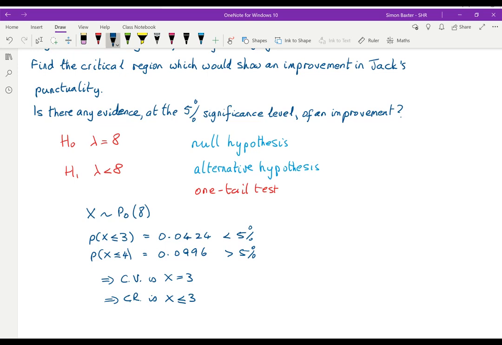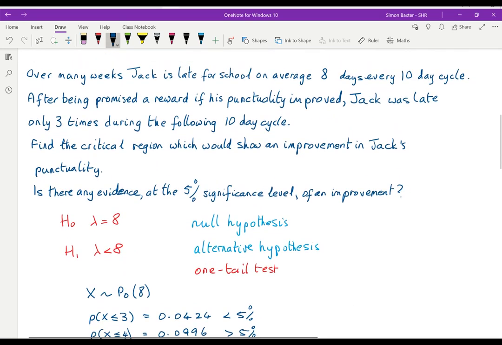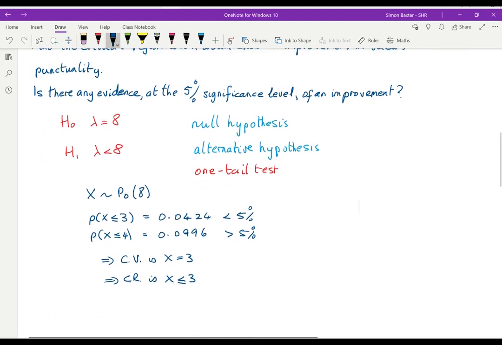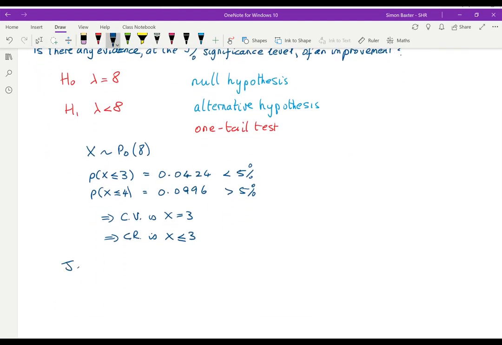Well, Jack was late 3 times in the following 10-day cycle. That tells me that my test statistic is x equals 3. That lies in the critical region, because the critical region is less than or equal to 3, and lies in the area where we're going to be surprised.